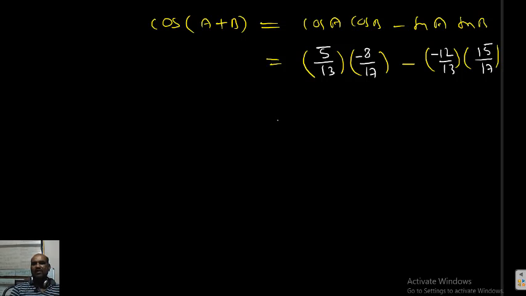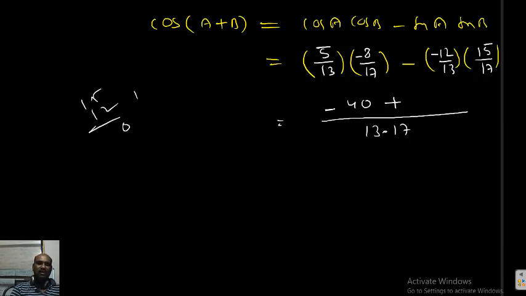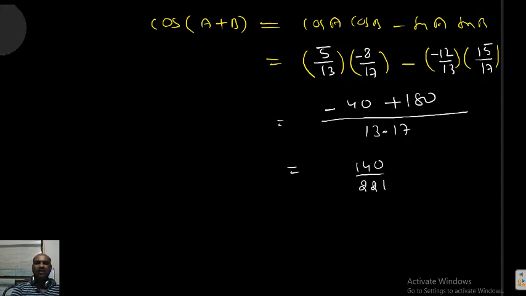Here also the LCM is the same, 13 into 17, so minus 40 minus to minus plus 15 12 are... 5 2s are 10, 2 1s are 2, 3, 15, 180. So that is equal to 140 by 221. This is the value of cos of A plus B.